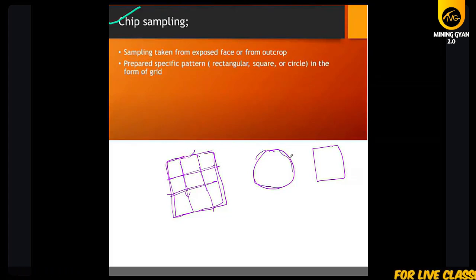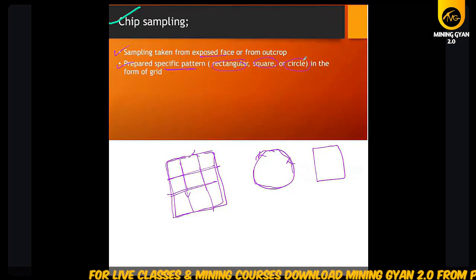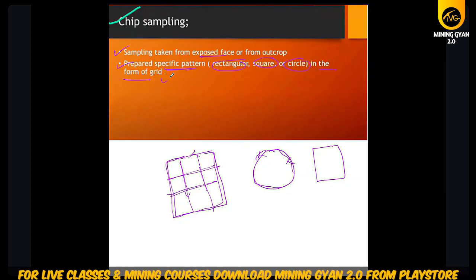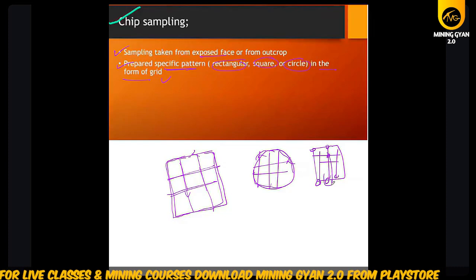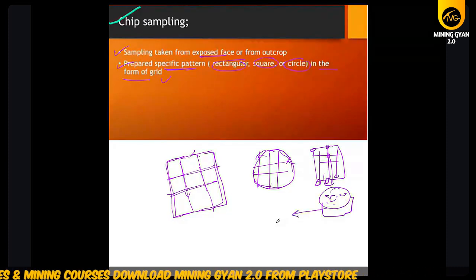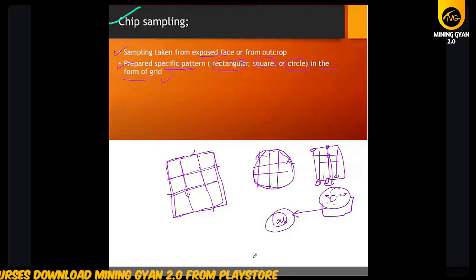Sampling takes place by exposing the face. Okay, we take from the face. Prepare a specific pattern like rectangular, square, circle in the form of a grid. So you can make a grid and take the material from here, here, here, here, and collect that material and take it to the laboratory and find out the various properties.